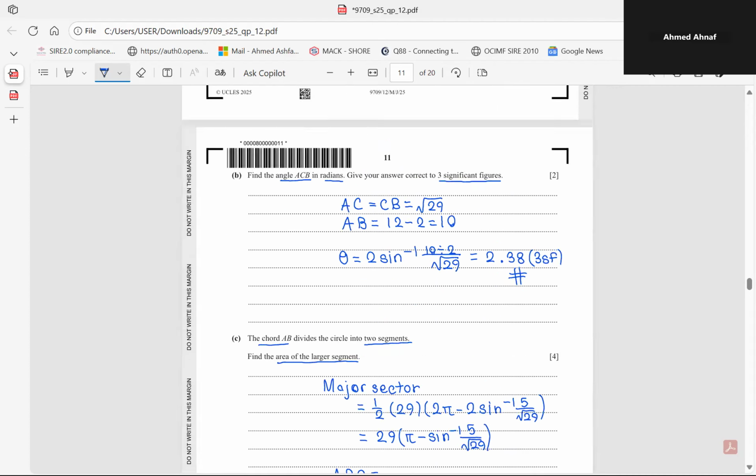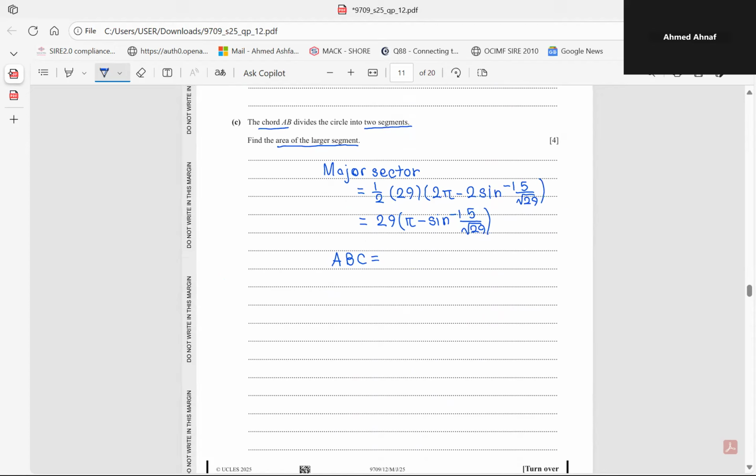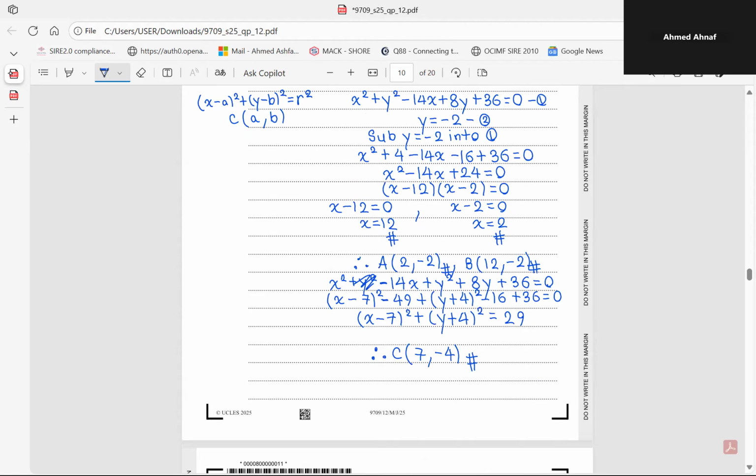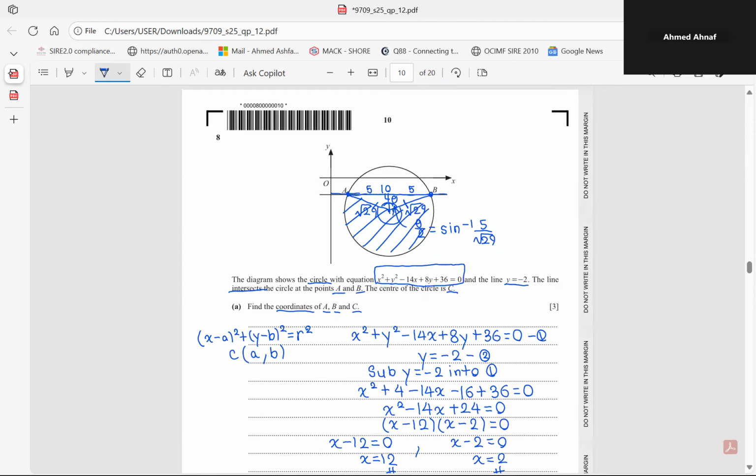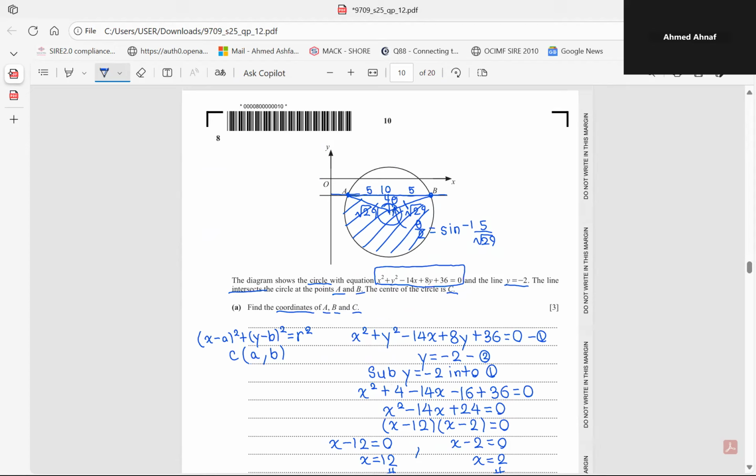Okay, so to find the area of the triangle, we first have to use the formula half ab sine C. So our C would be the angle ACB that we found previously, and the sides would be the sides that are between the angle ACB, so AC and CB.